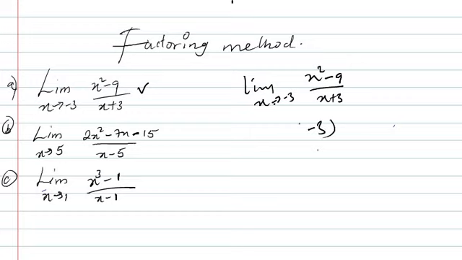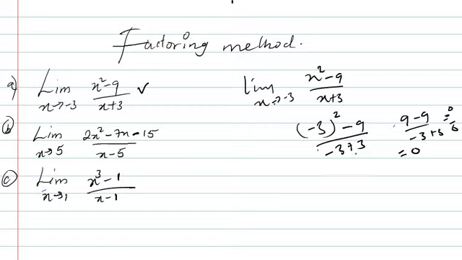So we will end with negative 3 squared, which is 9, minus 9 all over negative 3 plus 3. So here we have 9 minus 9 all over negative 3 plus 3, which is equal to 0 over 0. Since this is 0 over 0, it is not appropriate, so we are not going to use the substitution method.